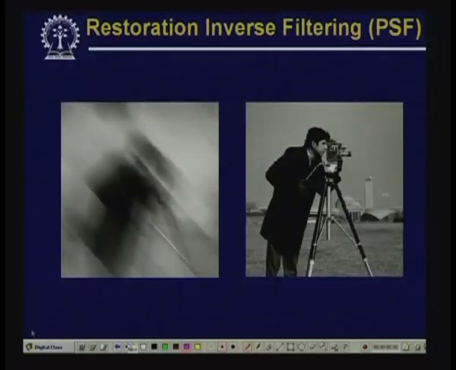In the Wiener filtering approach, the filter tries to reconstruct the degraded image by minimizing an error function. So, if my original image is f and my reconstructed image is f hat, then the Wiener filtering tries to minimize the error function, which is the expectation value of (f minus f hat) square.